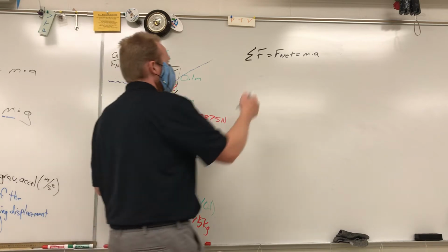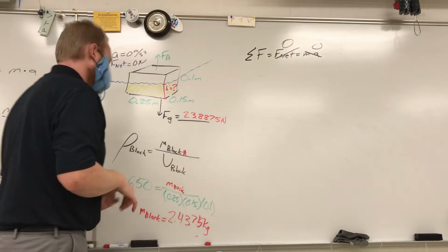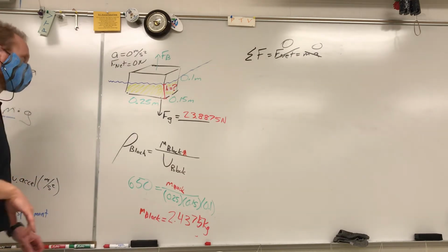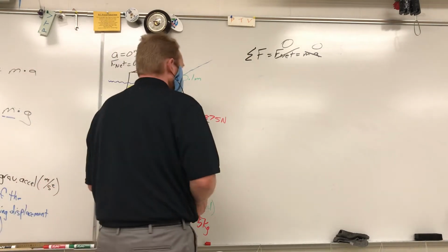So when I use Newton's second law, I'm adding my ups, subtracting my downs, and setting that equal to m times a, which in this case is 0.